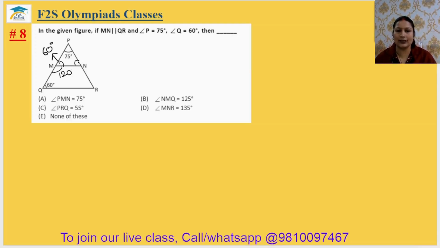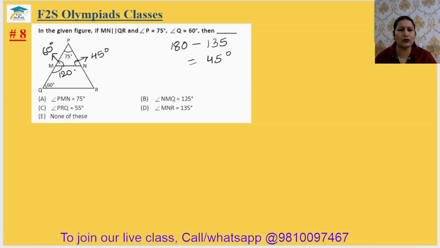So that's why this will be 180 minus 60 plus 75. So it is 135. So 180 minus 135, it will be 45. Okay? So this will be your 45 degree.